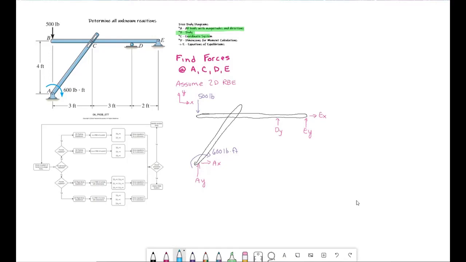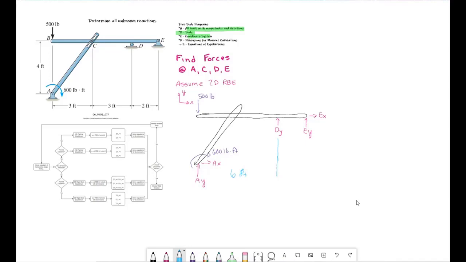All right, so let's see here. If we start from A and work our way over, the dimension over here to D is 3 feet, plus 3 feet. So let's fix that. That's going to be 6 feet.